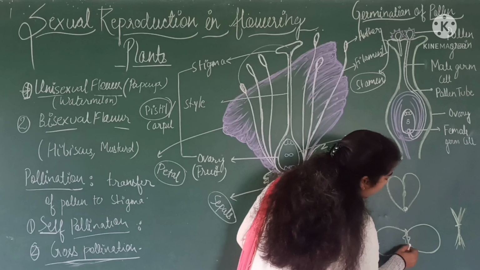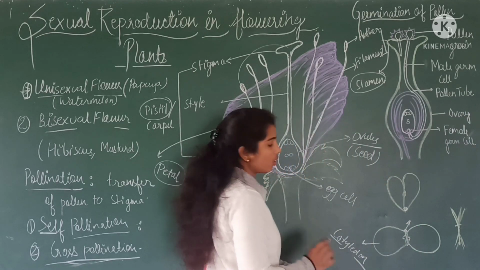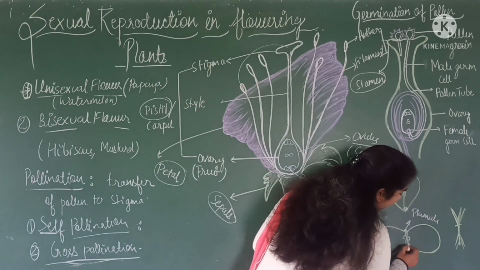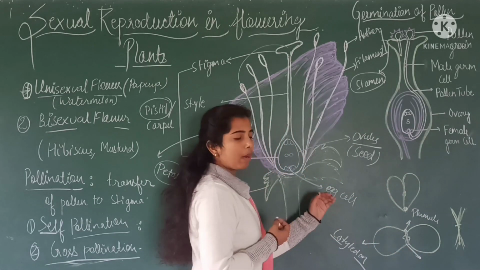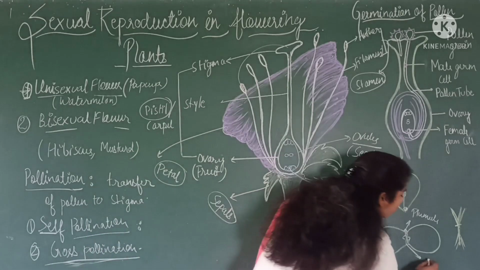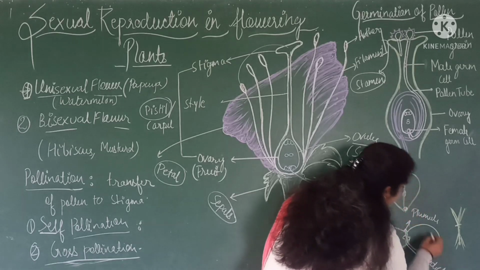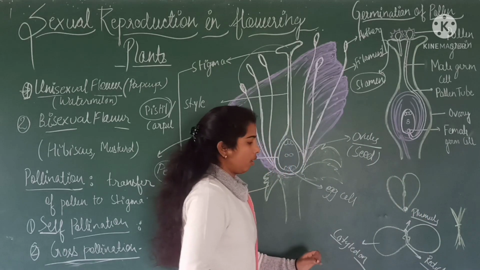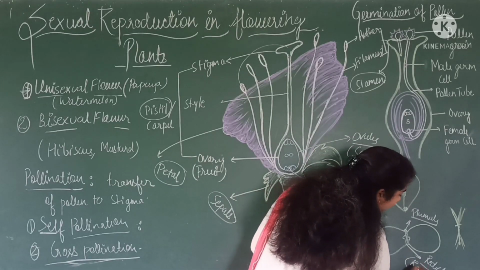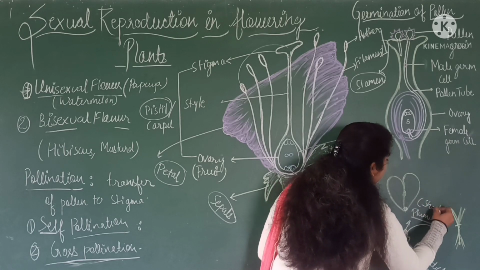This is the embryonal axis, and the upper part of the embryonal axis is known as plumule, and the below part or the bottom part of the embryonal axis is known as radicle. Radicle becomes the future root and plumule becomes the future shoot.